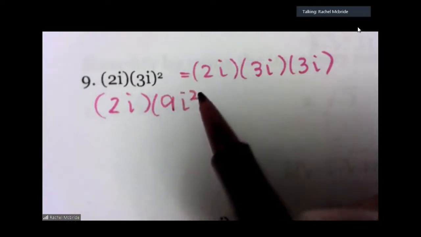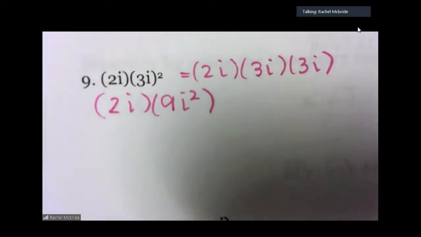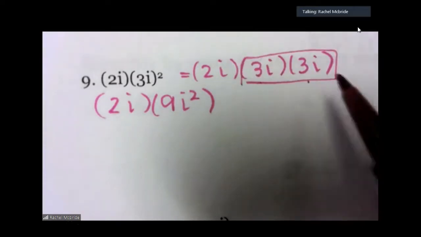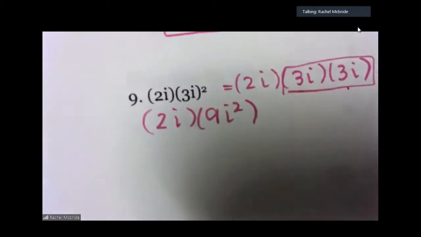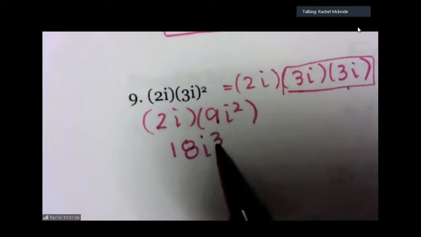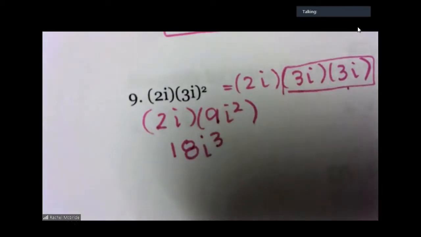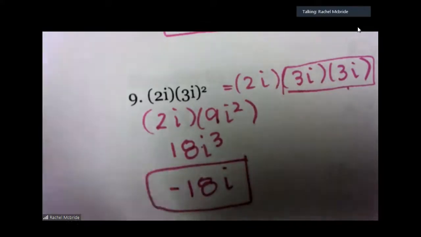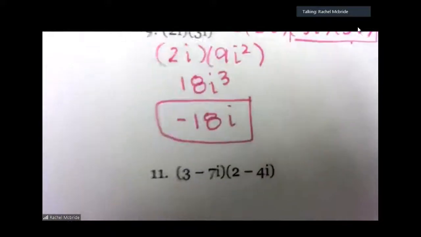Either way, you get 9i squared, not 3i squared. So I write it out like this, just so you can see that the 3 and the i's all squared. 2 times 9 is 18i cubed. But we know i cubed is negative i. So that becomes negative 18i.